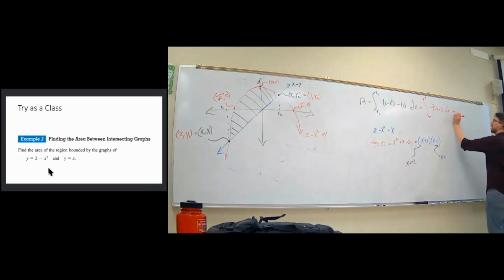When we integrate this thing out, this is going to come out to be negative x to the third over 3 minus, this is going to give us the second term, negative x squared over 2. And this final term is just going to give us 2x. We're integrating between negative 2 and 1, so we need to put our bounds back in.